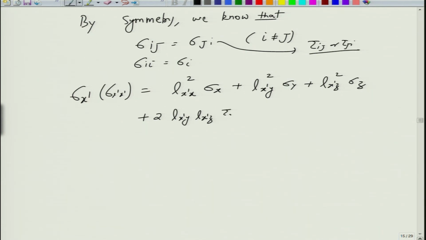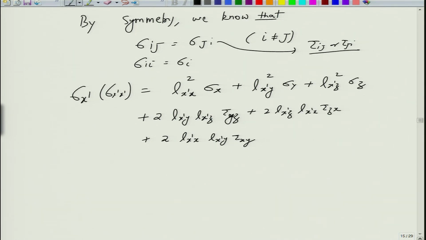So, we will introduce this tau yz plus 2 L x prime z, L of x prime x into tau of zx, and plus 2 of L of x prime x into L of x prime y into tau of x y.